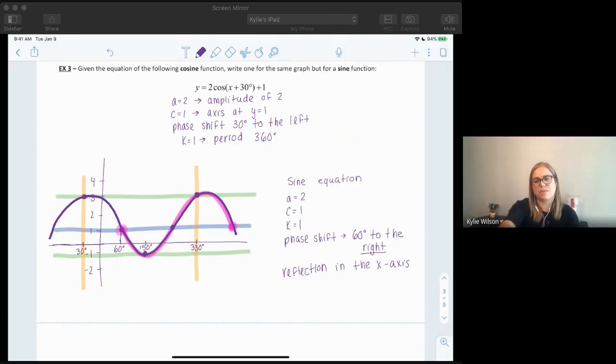So now let's take all of that information and make it into an equation. We'll have f of x equals, our a value is 2, our k value is 1, so we don't need to write it. We're moving 60 degrees to the right, so we will have negative in the equation plus our little c. So that is our final answer.